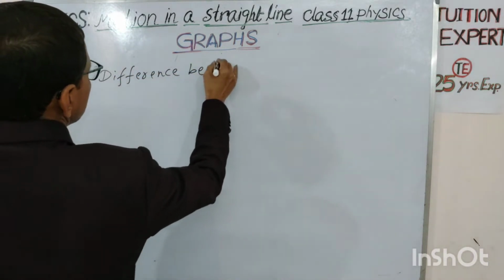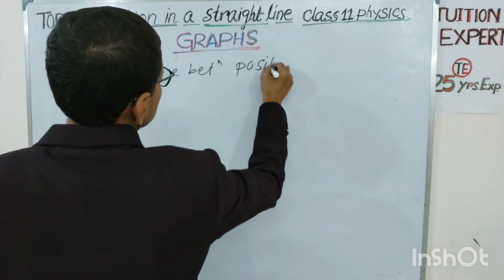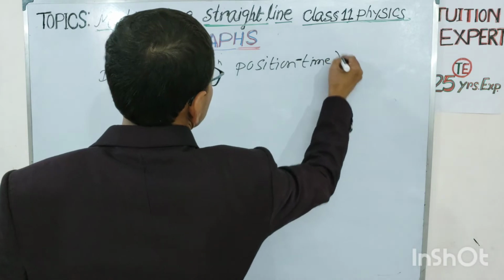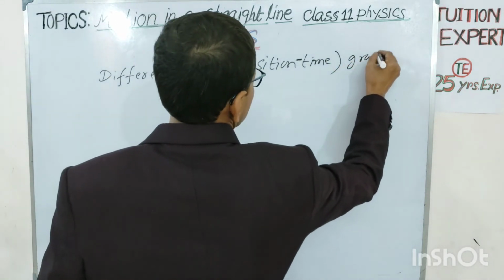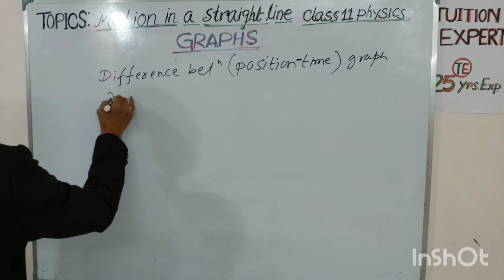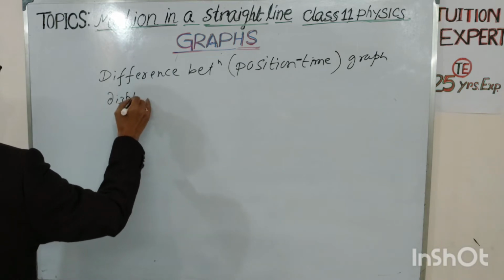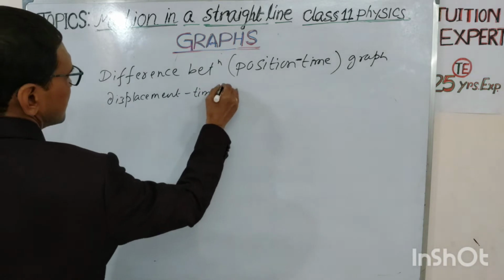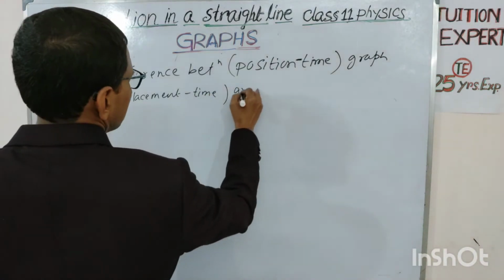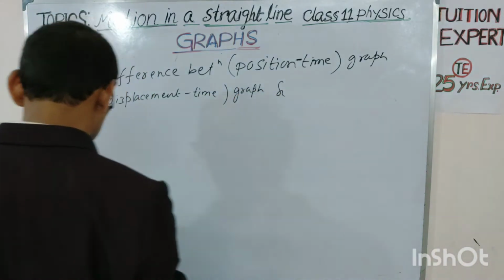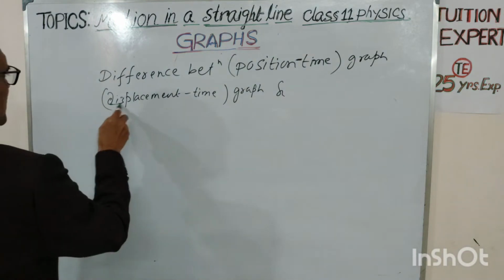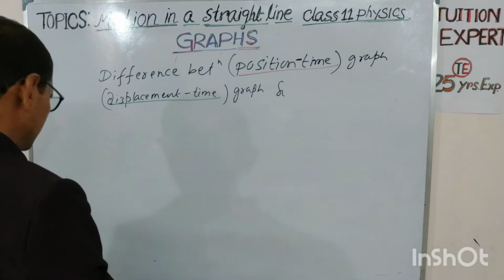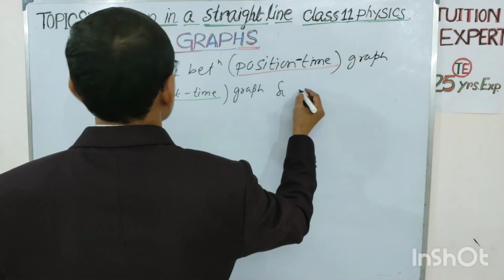Difference between position time graph, displacement time graph, and distance time graph.